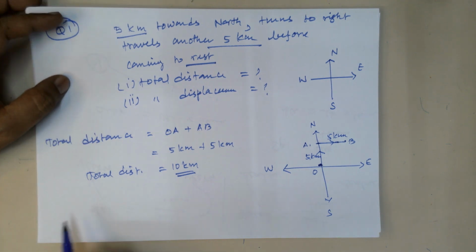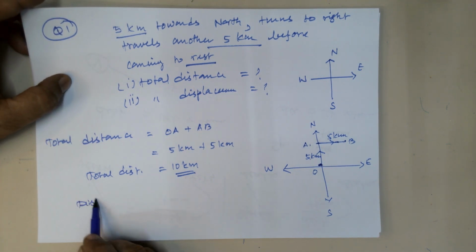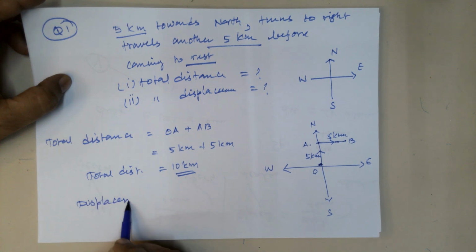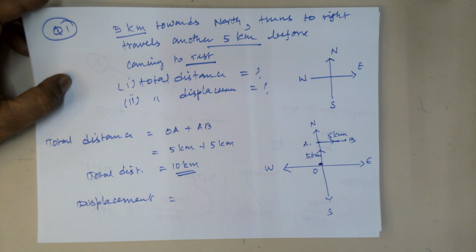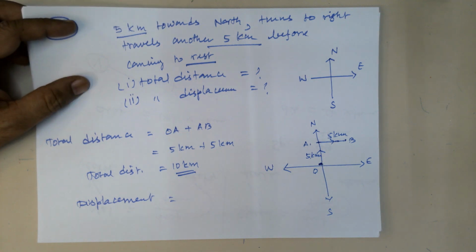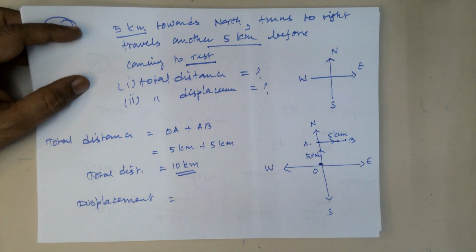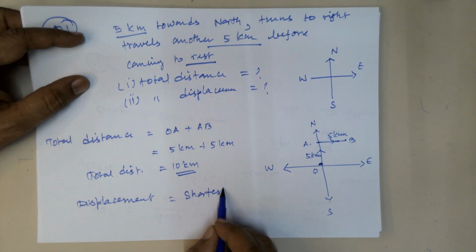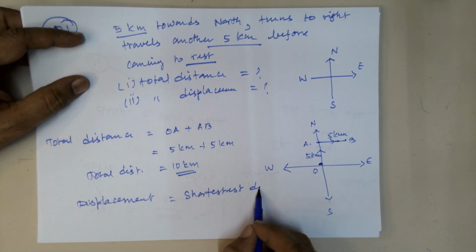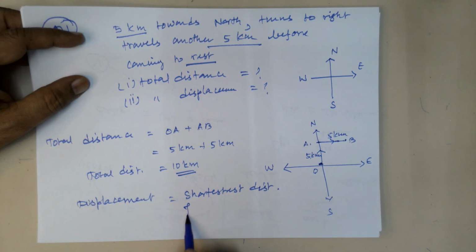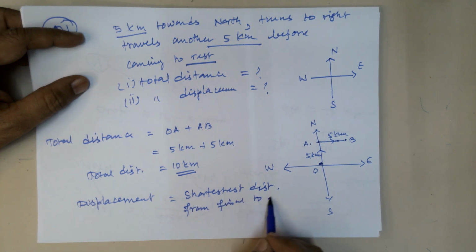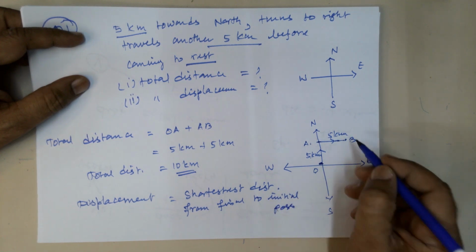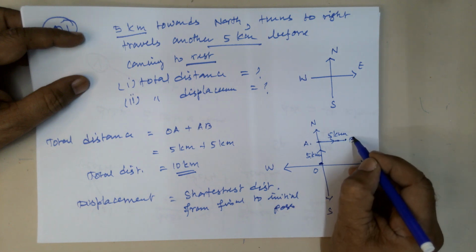Then what about displacement? As far as displacement is concerned, we need to consider only the shortest distance from the initial and final position. Is it not? So this is the shortest distance, and not only that, from initial to final position. So in that case, which is the final position? This is the final position.